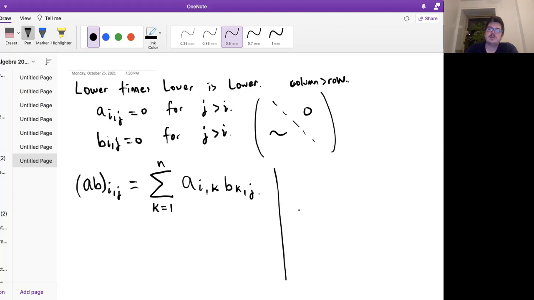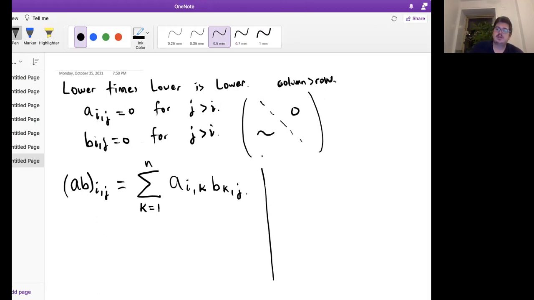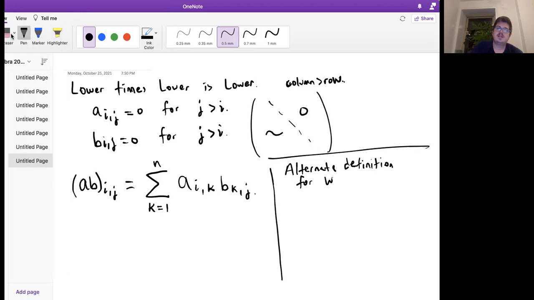All right, so I'm going to give an alternate definition for lower triangular, but it's equivalent. Can someone give me a letter to use for an index? S, I like it.